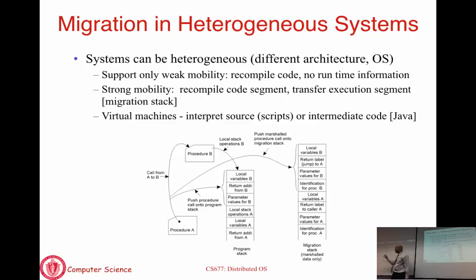That binary will take the place of the code segment that was on the original. But then the data has to be moved and interpreted accordingly on the new architecture. So you can transfer the data, but the code cannot be transferred because the binaries may not work. The assembly instruction family itself may be different, so you have to recompile the code.